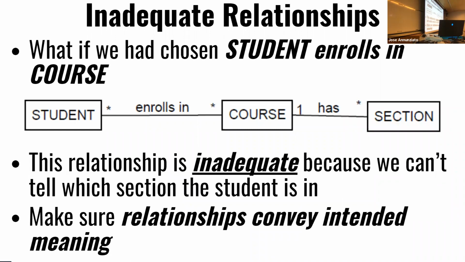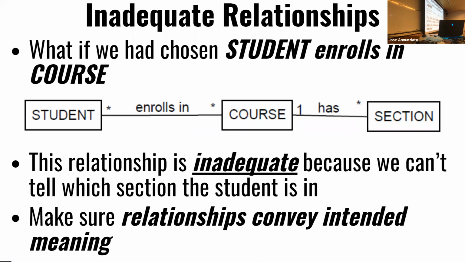Now, if you literally read that in English, you might come up with this class diagram. Students enroll in courses, and notice that there's a many-to-many relationship. One student is enrolled in many courses, but one course has many students enrolled in it. That looks okay. And then later on it says that one course has many sections, so that looks fine as well.